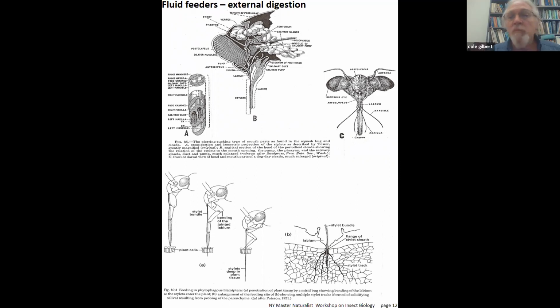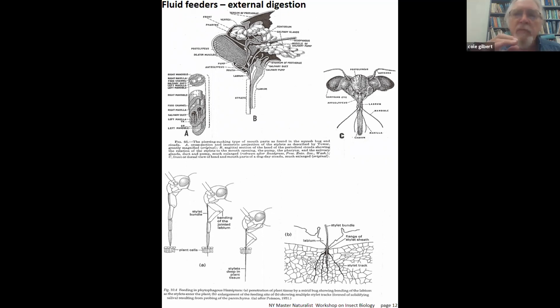So they'll push it up. You can see this picture over on the left here. The mandible and maxilla come together, but leave an opening. I don't know if this is quite working in the camera. They actually leave two openings from coming together.